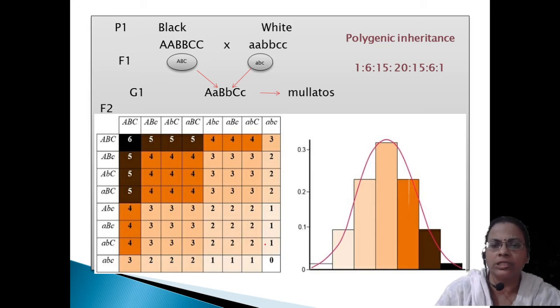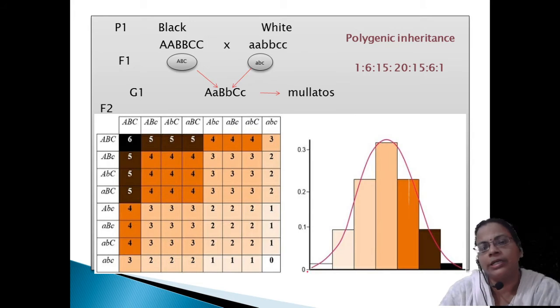Both the extremes, one is very fair, the other very dark. Here, just for representation, only 3 have been given. So you will get a gradient and a bell-shaped curve.